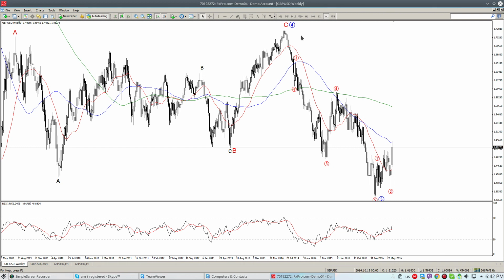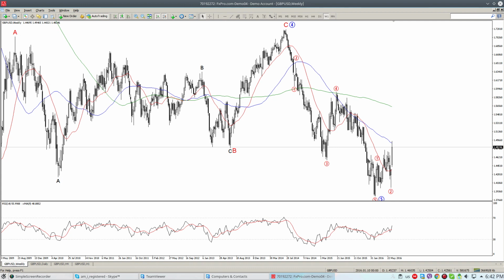And of course there are also other possibilities, for example, for this whole move being something like an ending diagonal, which again is very bearish.